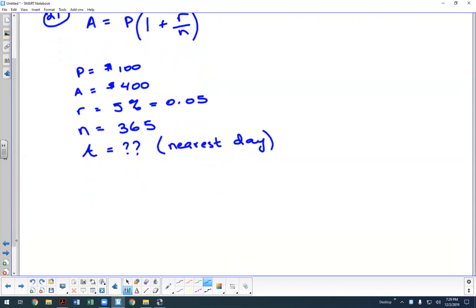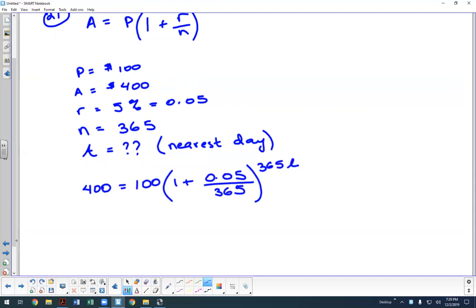So plugging this into our formula, you should have 400 equals 100 parentheses 1 plus r, which is 5% over n, and then exponent of n times t, because t is the only value that's missing here.